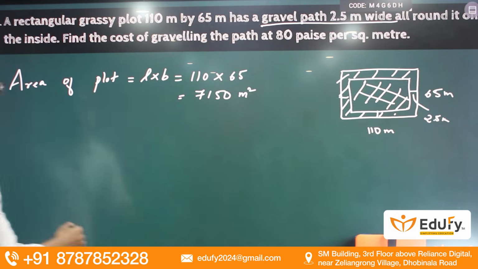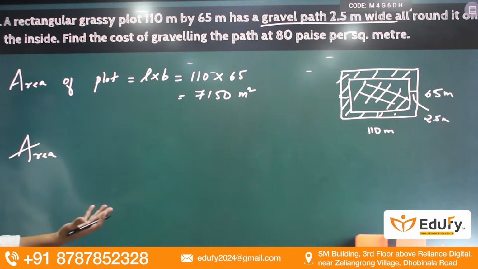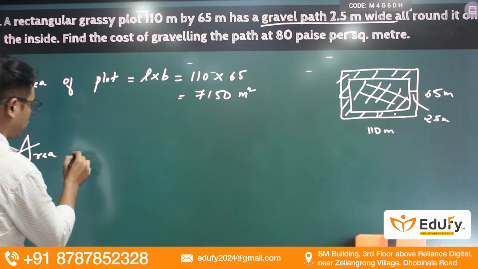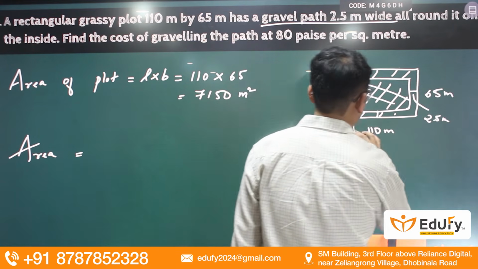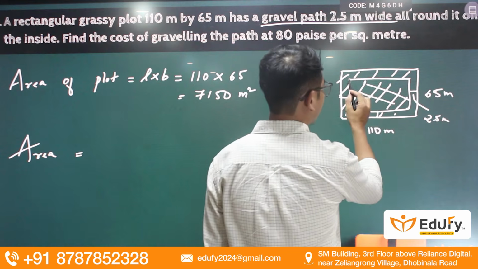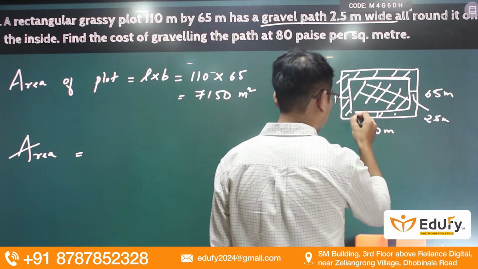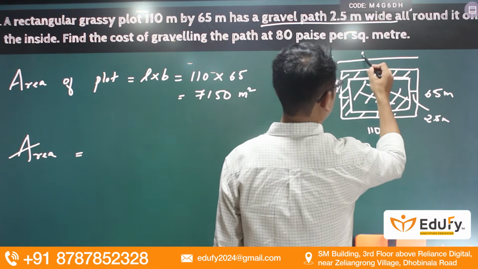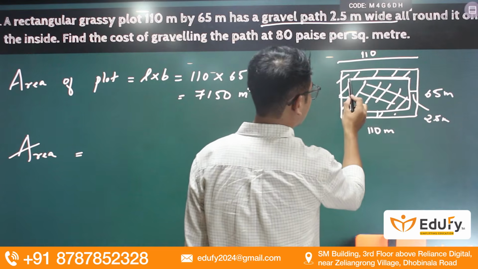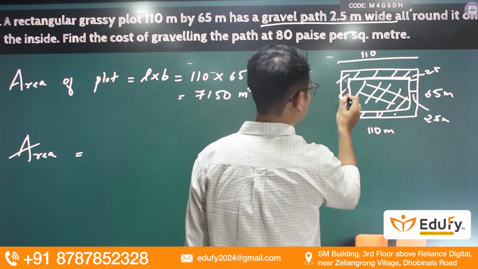Area of the smaller rectangle. To find the area of this smaller rectangle, I need to find what is this length and what is this breadth. If you look closely, this total is 110, but here it is 2.5, and here also there is 2.5.